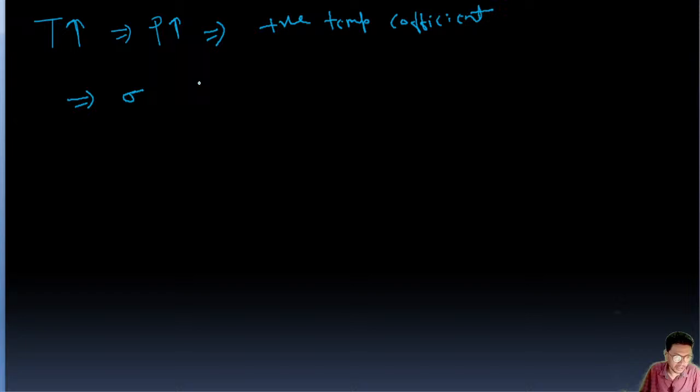Here rho is the resistivity and sigma is the conductivity.